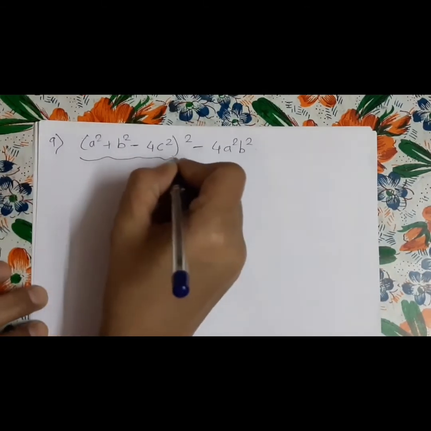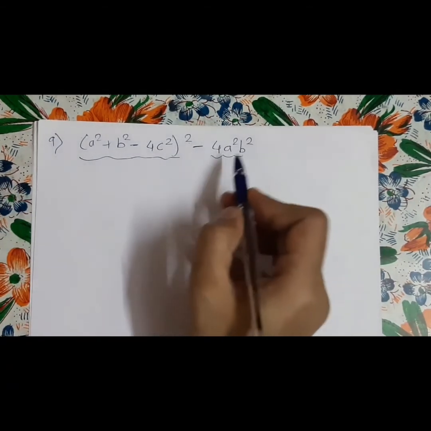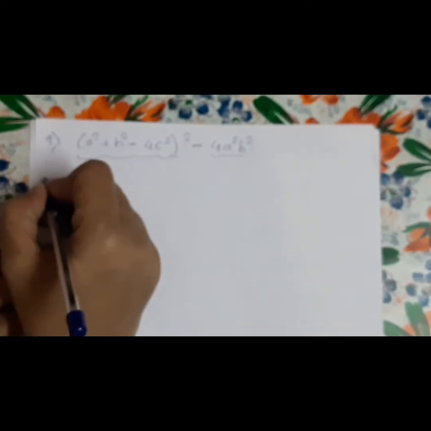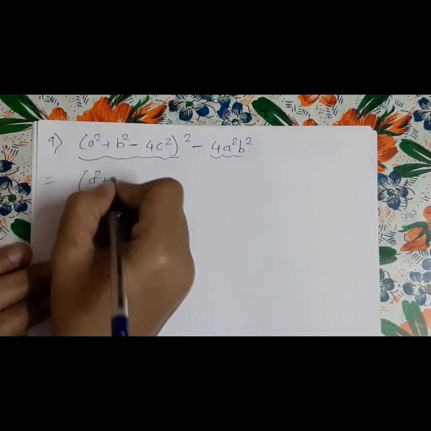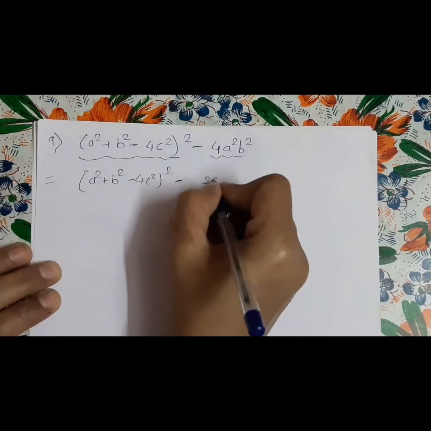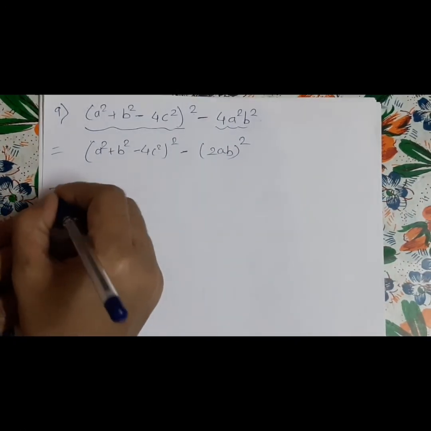This total term is x square, and this term is y square. What is y? Y is 2ab. So first I'll write a square plus b square minus 4c square, its square, minus 2ab its square. Okay, write down the factors now.